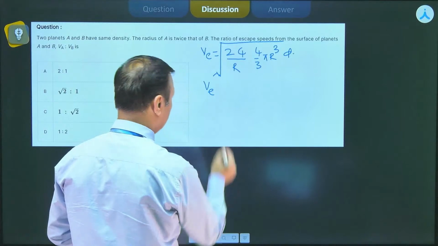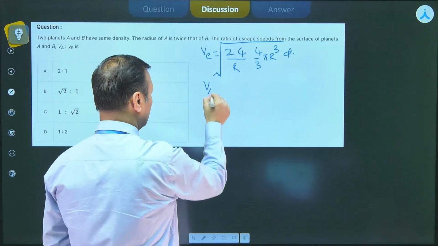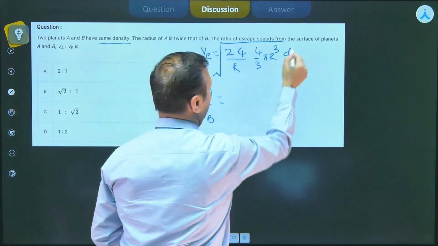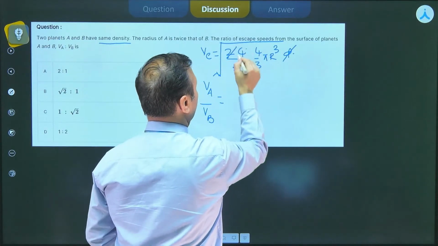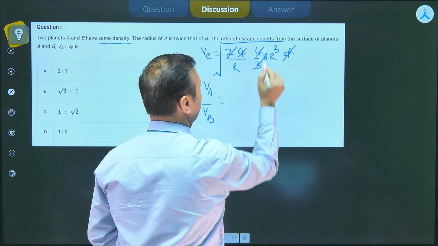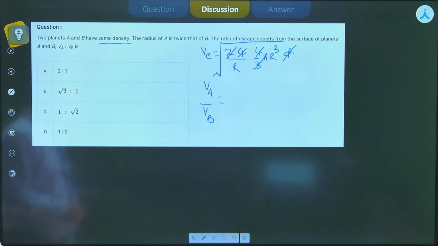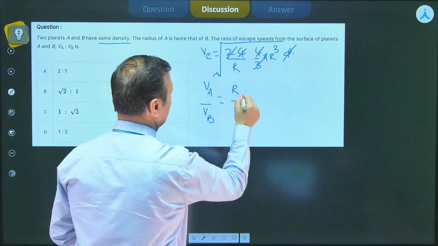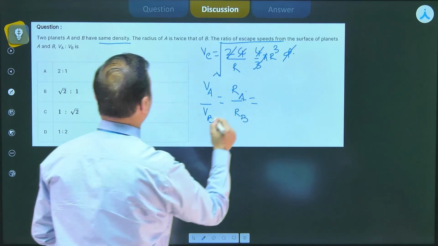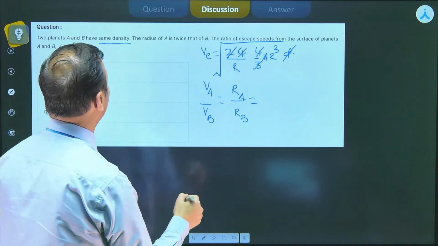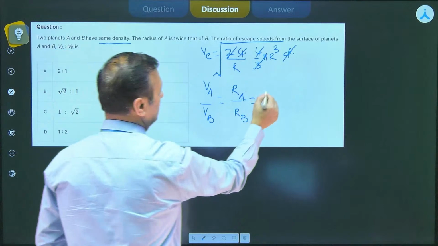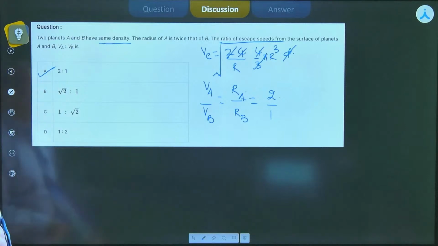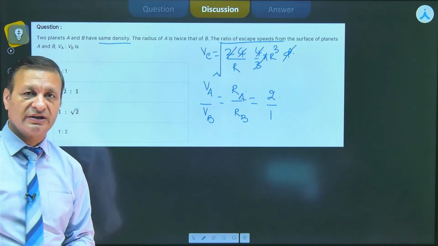So let it be escape speed A, escape speed B. If they have the same density, all these factors are constant, and this is R squared. When you take the root, it becomes R only. So this is Ra by Rb, and the radius of A is twice that of B. So this is 2:1, option A. That is the correct choice for this one.